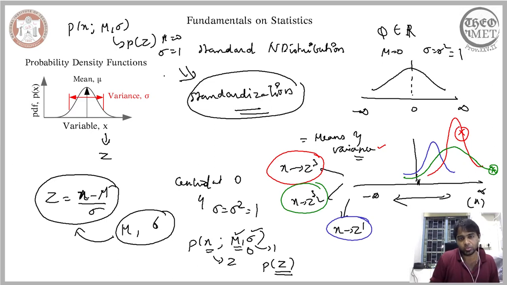We have seen what a probability distribution function is, and towards the end of this lecture, we have seen that by changing the variable from x to z, it is possible to convert any normal distribution to the standard normal distribution.